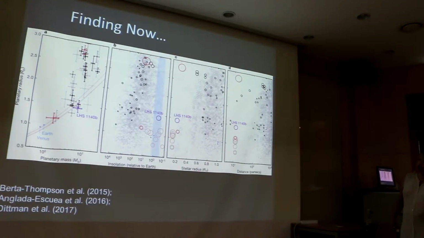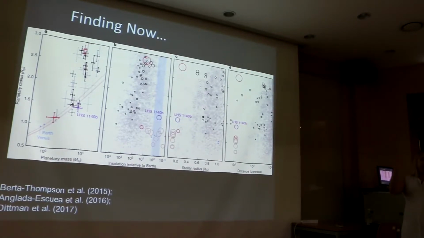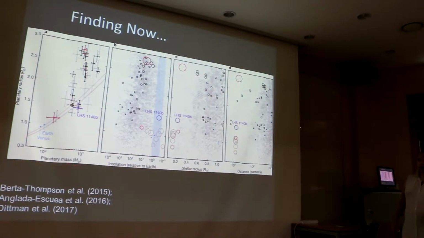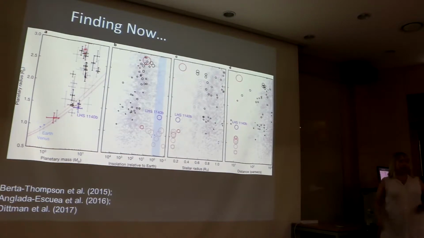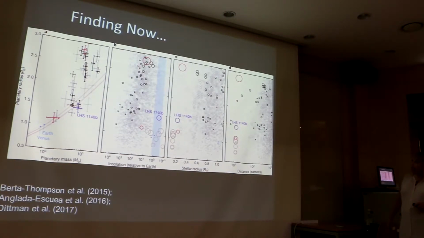This shows you again the radius of the planet, so how big the planet is, against several things. How massive is the planet? How much light is it getting from its star? How big is the star? And how far away is it from us, which tells you how easy it will be for us to take data. And what you see is that some of these planets, this is the new one that was just discovered, this is GJ1132b, we're starting to see planets that are approaching the radius and the mass of Earth.